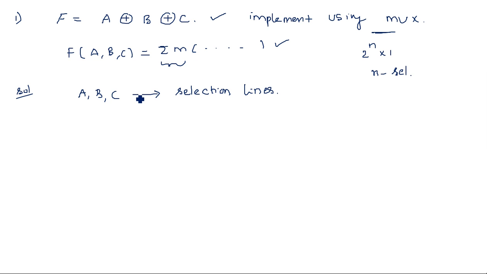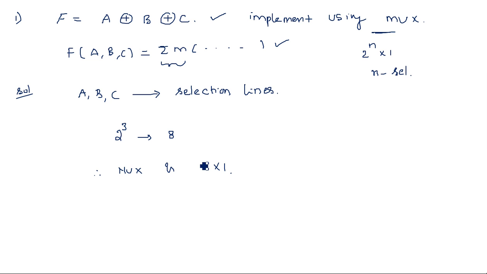The selection lines are a, b, c in our given question. So how many selection lines are there? Three. Three selection lines give 2 power 3, which is 8. Therefore, the multiplexer must be an 8 by 1 multiplexer.